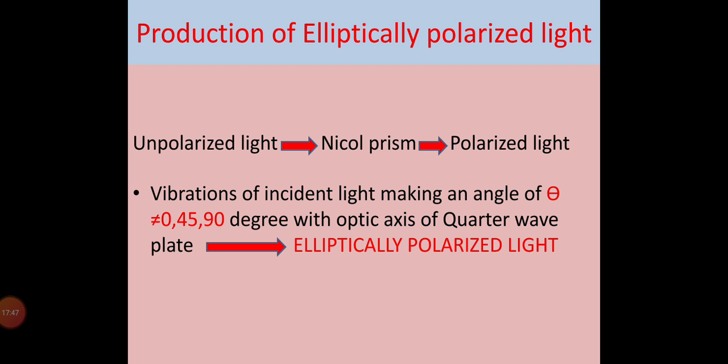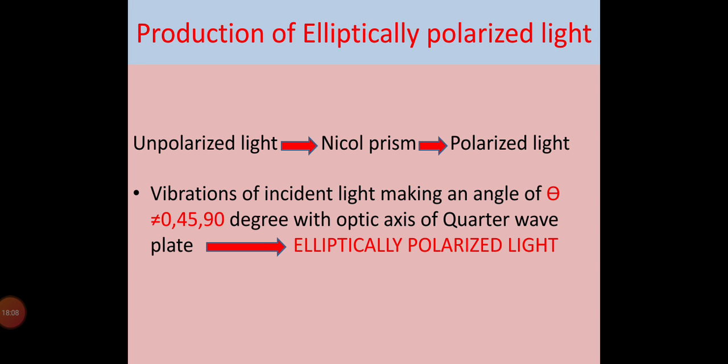The next topic is production of elliptically polarized light. How can we produce elliptically polarized light? For this case, we use unpolarized light, and if we make it incident on the Nicol prism, it will get split up into two components, and the Nicol prism will produce polarized light.